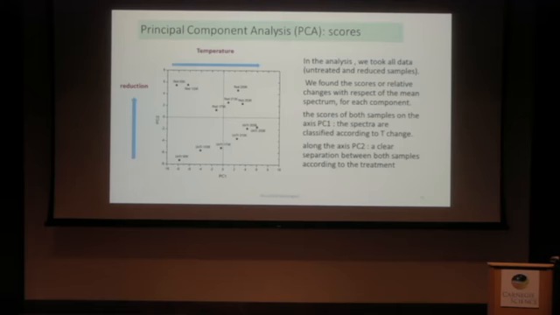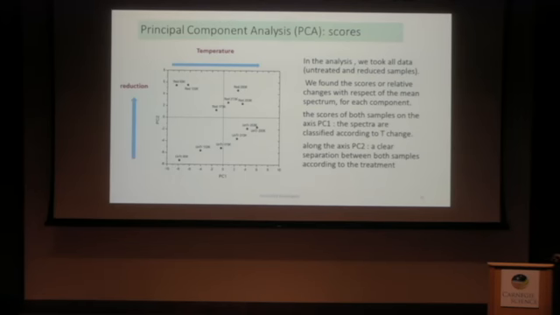The mean spectrum is at the origin. Here you have on the upper part the spectra or data corresponding to the reduced sample, and in the lower part, all data corresponding to the untreated. So you have a clear separation between both series of data.